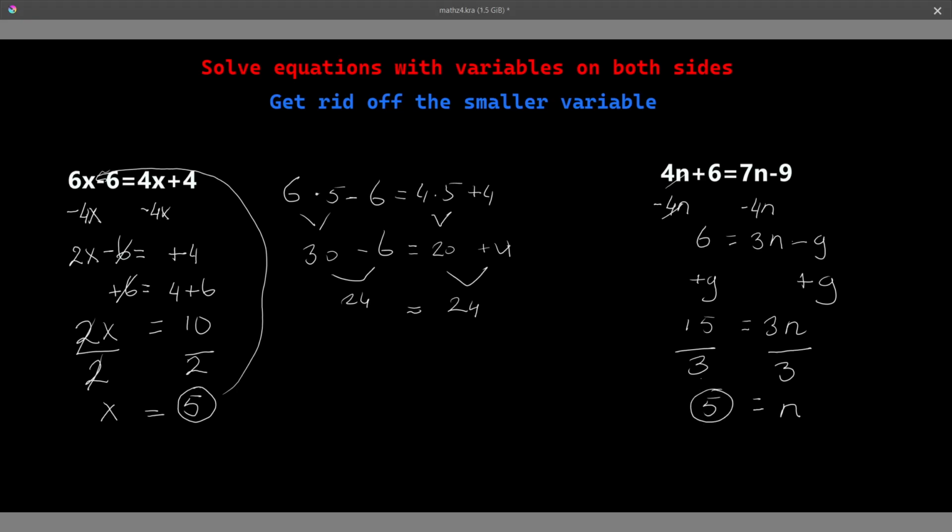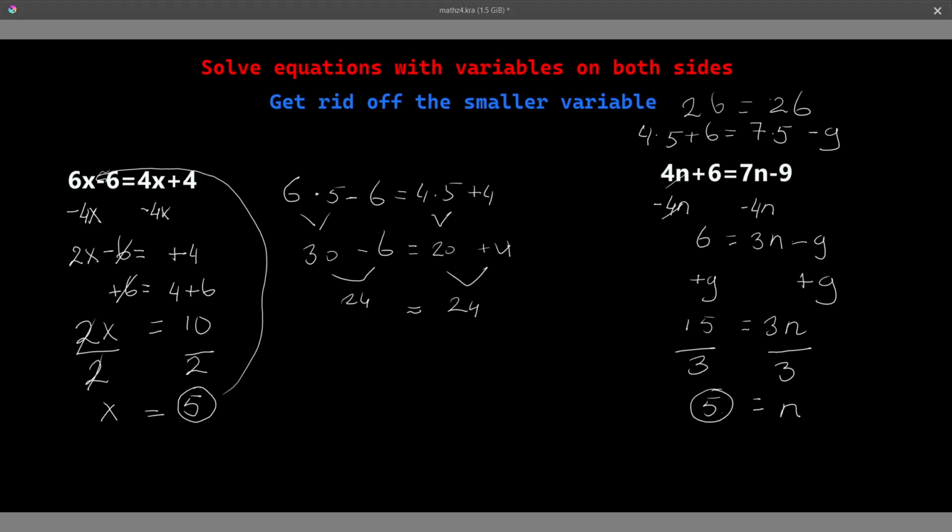Let's fill this in our equation over here. 4 times 5 plus 6 equals 7 times 5 minus 9. 4 times 5 equals 20. 20 plus 6 is 26 equals 7 times 5 is 35 minus 9 equals 26.